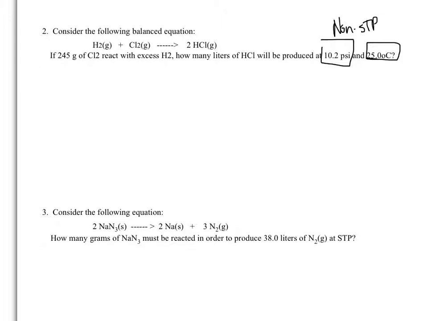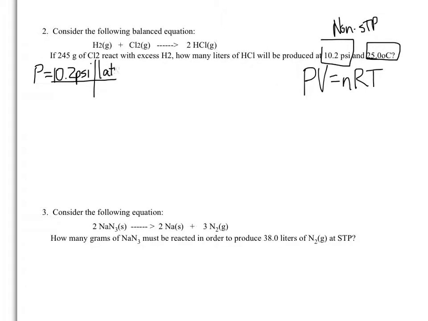So what do we do first? Since it's non-STP, what is the formula we have to use? PV=nRT. Then my pressure is 10.2 psi. Uh-oh, what do I need to do?